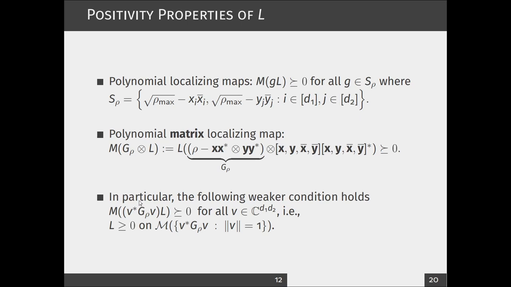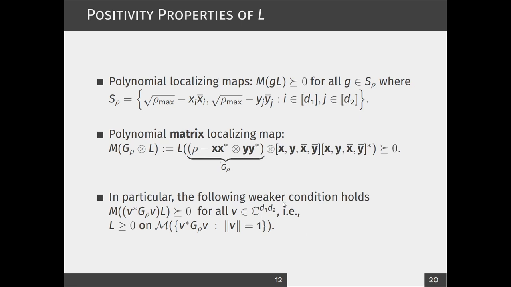What we need is the following weaker condition: all the moment matrices of this form to be PSD. However, this is an infinite number of constraints, and hence we cannot encode that on a computer. But this stronger constraint we can. This is, though a big matrix, encodable, it's finite.